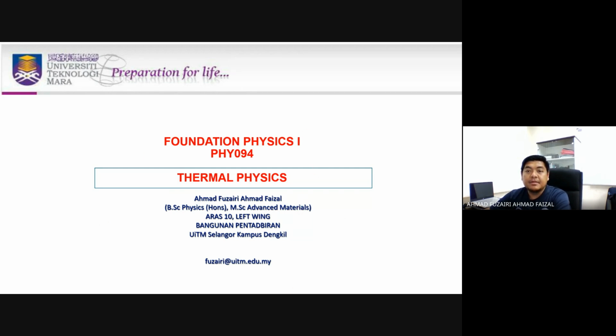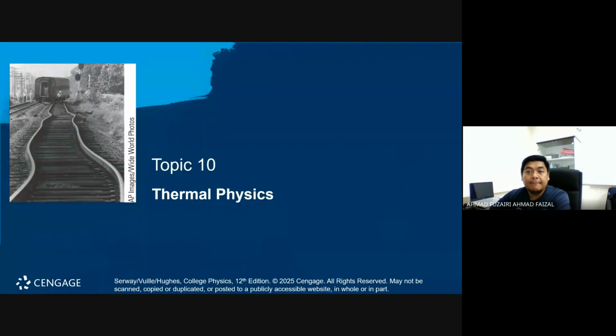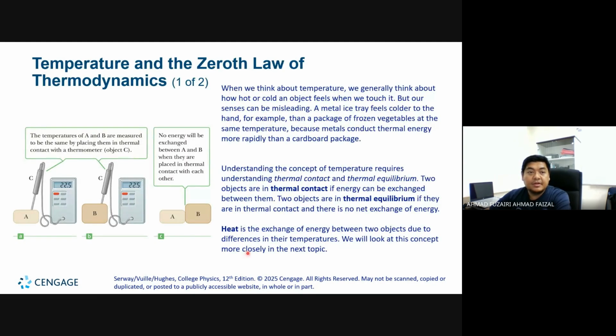So the learning outcome for this chapter will be to define heat, temperature, and thermal equilibrium. For instance, number 3, convert the temperature scales between Celsius, Kelvin, and Fahrenheit. It's very easy to understand that. So we start with the temperature and the zeroth law of thermodynamics.